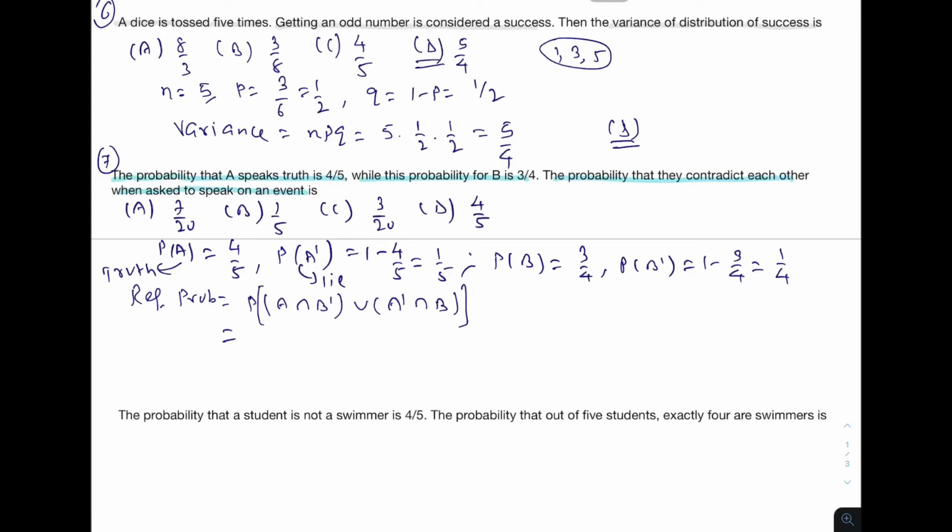So these are all independent events, so we can write it this way: P of A intersection B dash plus P of A dash intersection B. These are mutually exclusive events, and again these are independent.